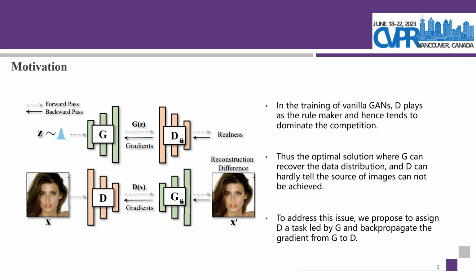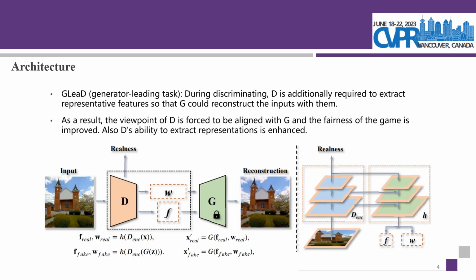To address this issue, we propose to assign D a task led by G and backpropagate the gradient from G to D. In the training of GLeaD, during discriminating, D is additionally required to extract representative features so that G could reconstruct the input images with these features.